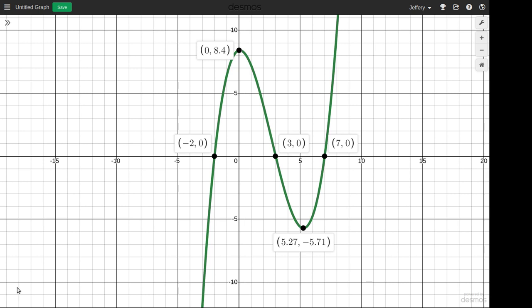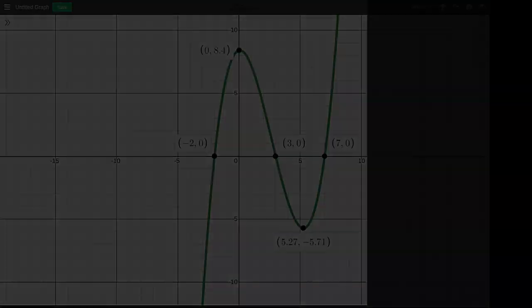So come back here. So we know we have zeros where x equals -2, 3, and 7.